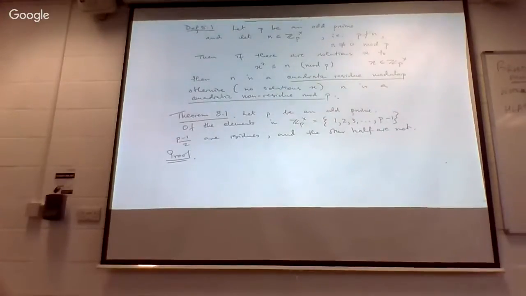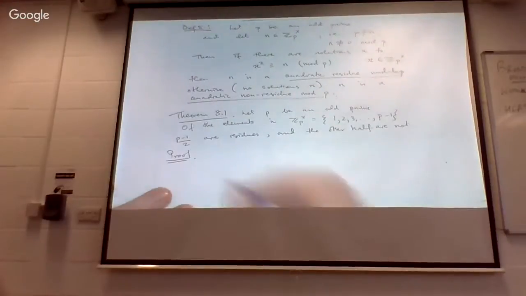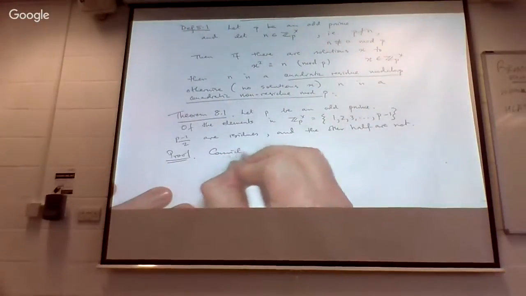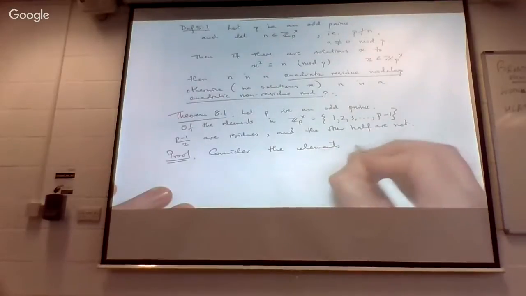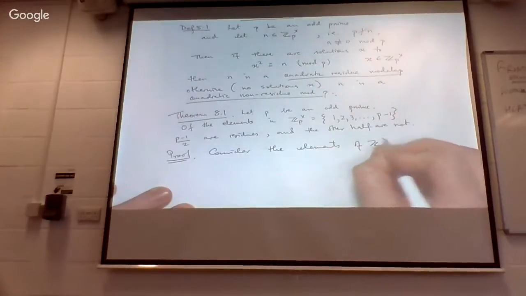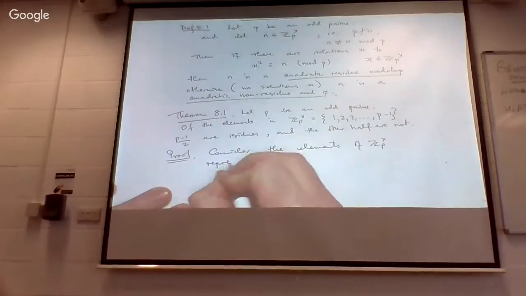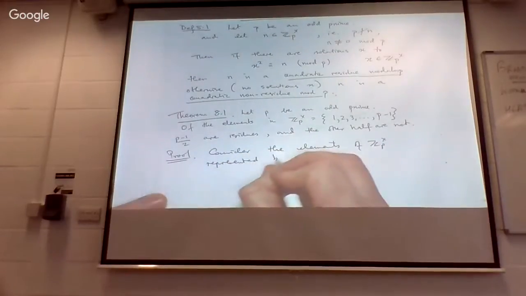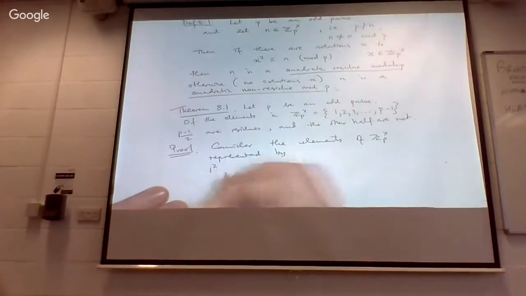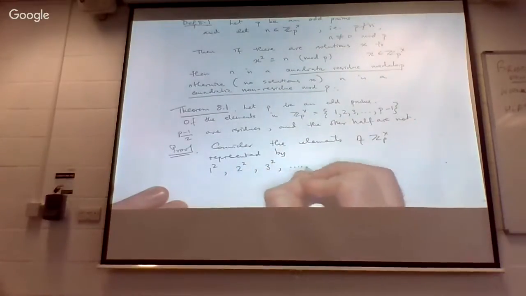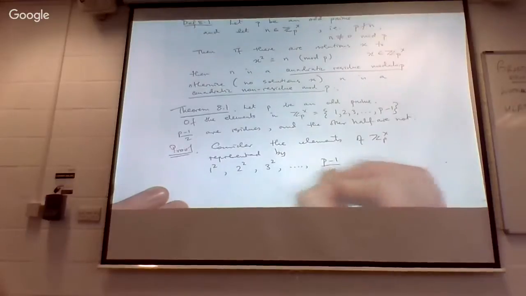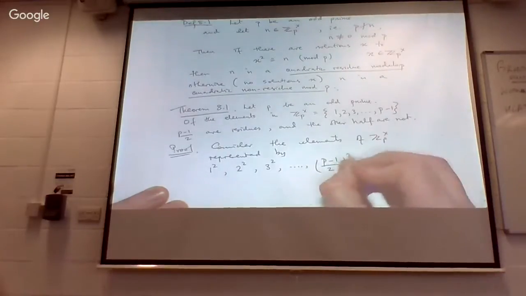We begin by immediately pointing at what the residues are. So we consider the elements of Z_p represented by 1 squared, 2 squared, 3 squared, all the way up to ((p minus 1)/2) squared.